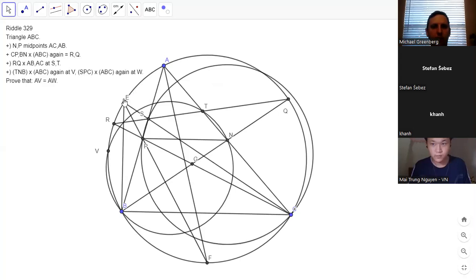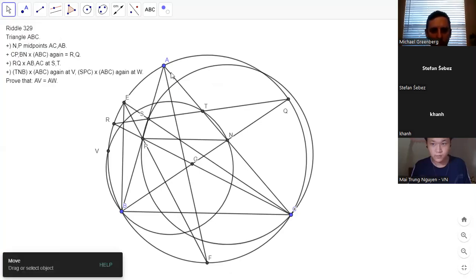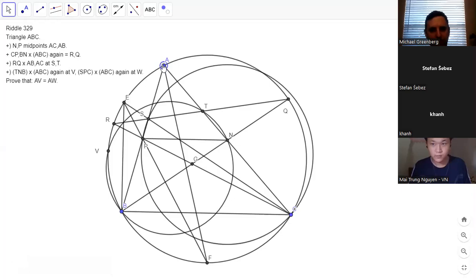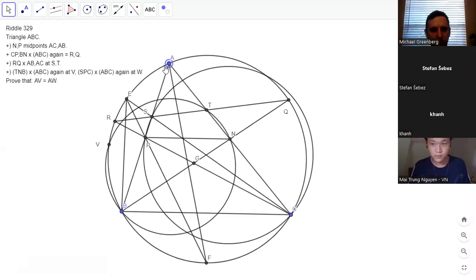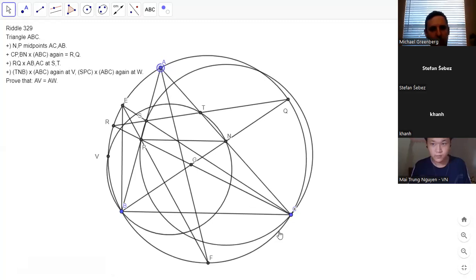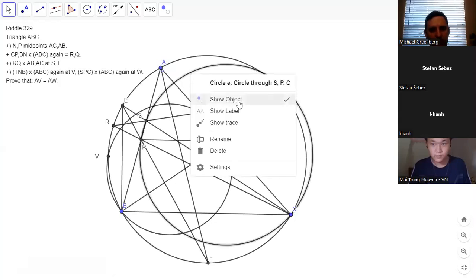So CS meets the circle at E, EP meets it at F, and I want to show that AF is parallel to BV. And I think I can get rid of this.